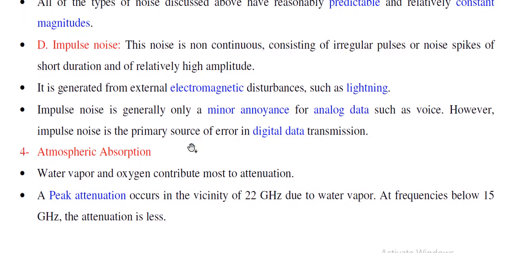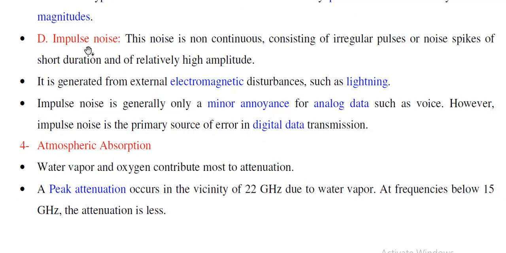The impulse noise is a noise that is due to lightning generally, or to what we call electromagnetic disturbance, and this noise is known in applications, let's say, when we are using analog signals, analog data, and if we are using digital data.